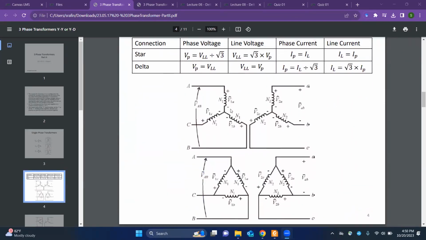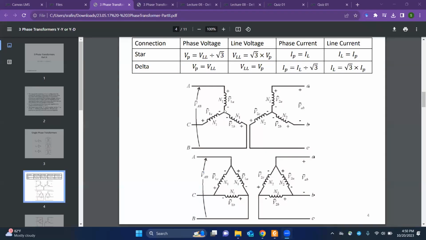Next page. So this is the Y connected transformer's primary side, and this is the Y connected secondary side. And this is delta connected primary side, and this is delta connected secondary side. For Y connected, you'll see that there's a junction point where all the primes come together and meet at this point.